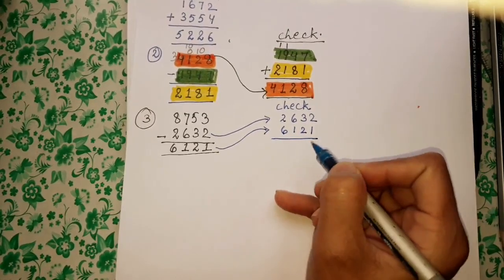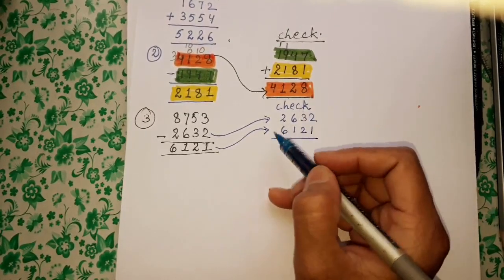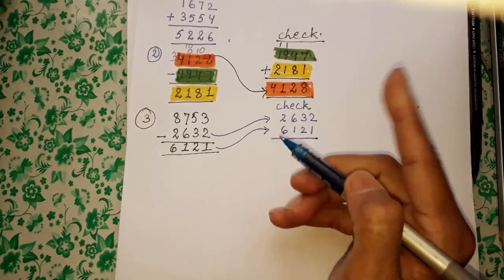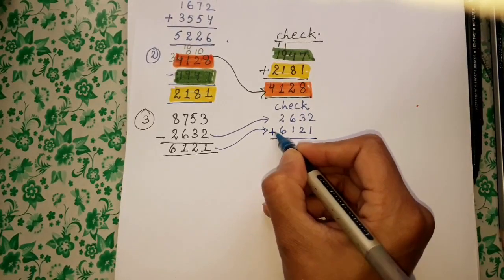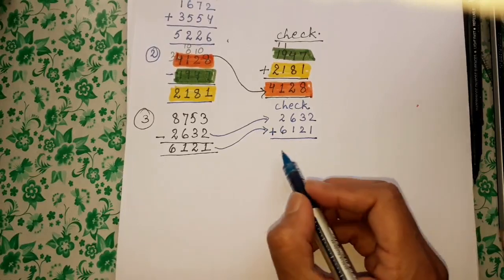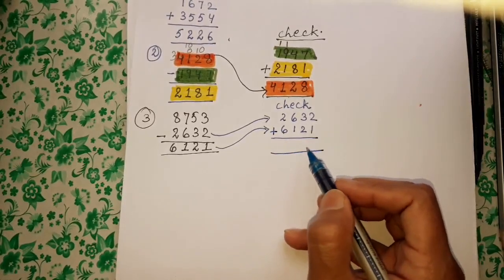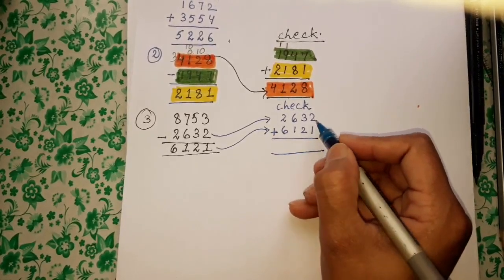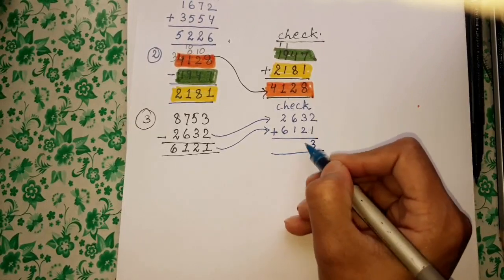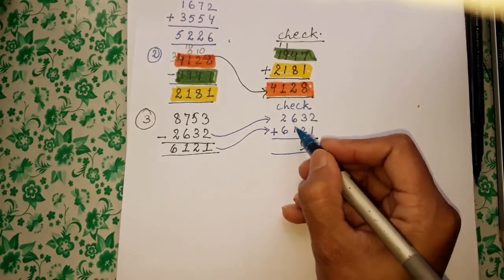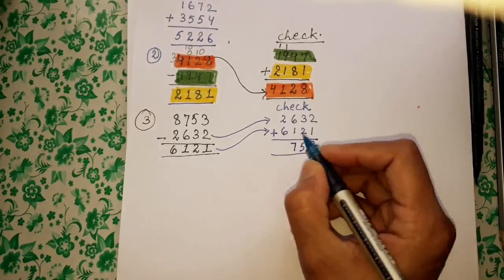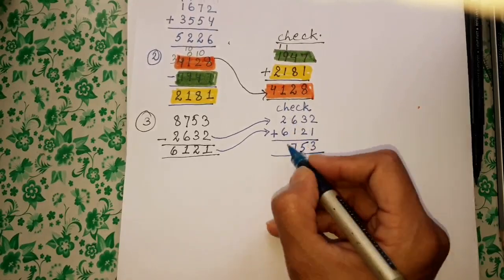And by which method we can check our subtraction? By doing addition. Now, what we get here? Just add it. 2 plus 1, 3, 3 plus 2, 5, 6 plus 1, 7, 6 plus 2, 8.